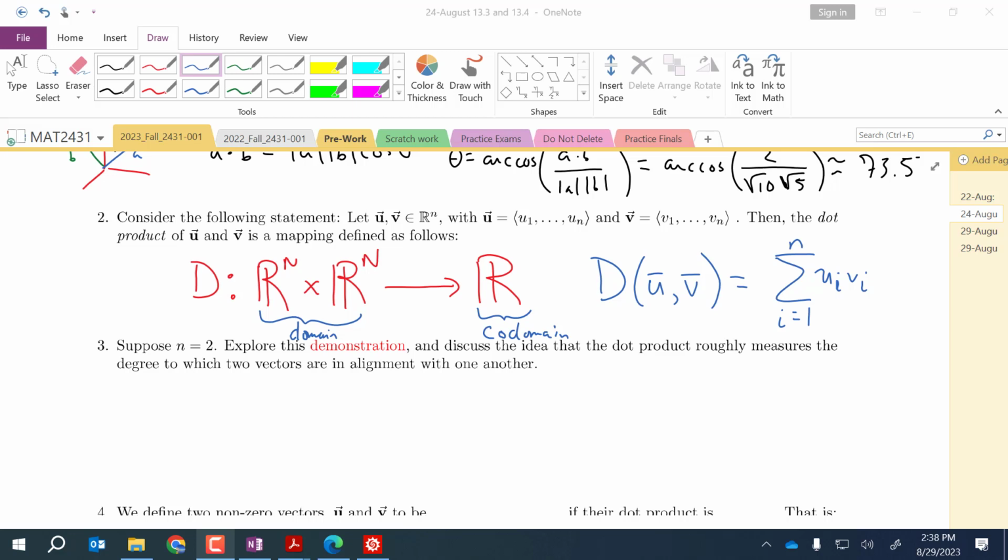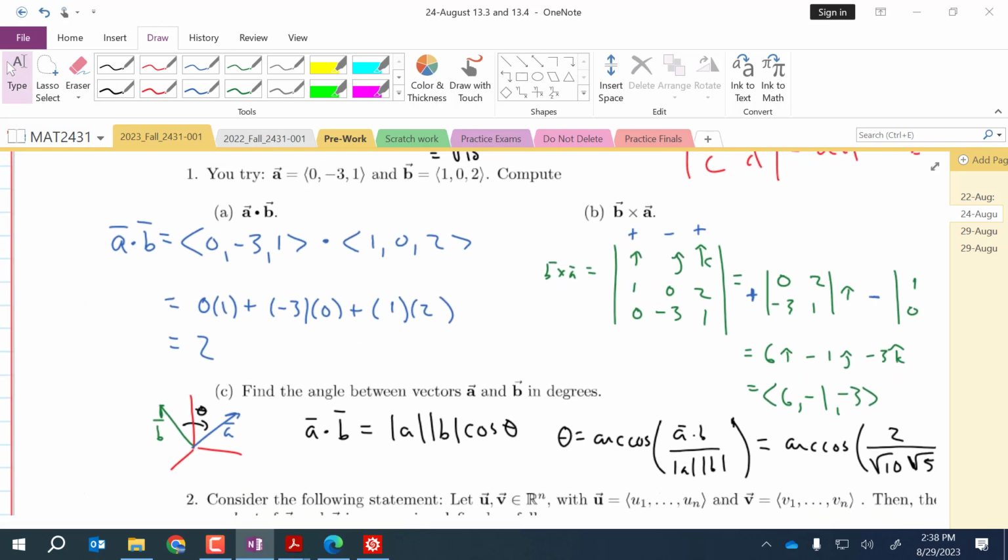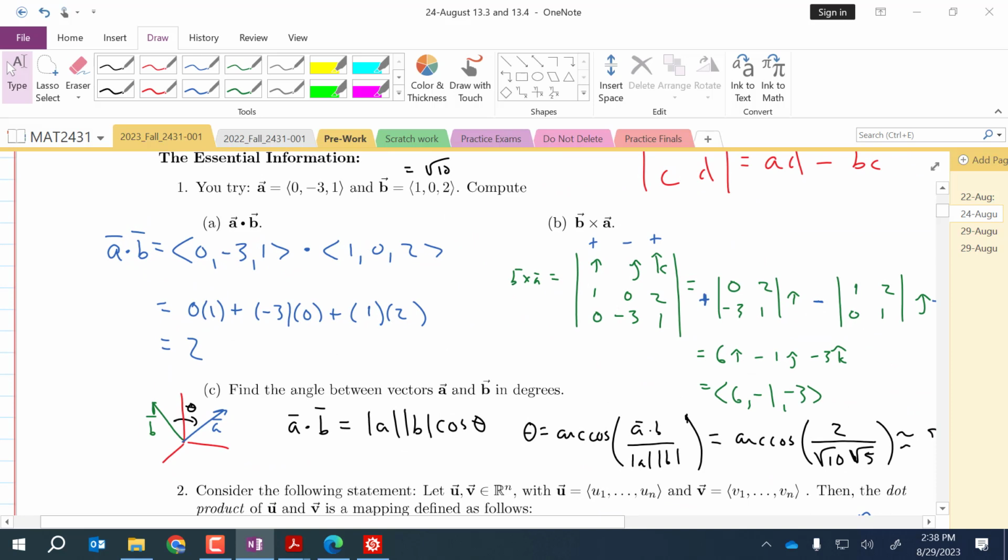Now, again, I'm pushing you with the notation because I know that it's a good thing to start doing at this point in your math career. I'm not looking for mastery of this, but I want you to see that that fits with what we did up here, where what did I do to find the dot product? I took two vectors, and then what was the actual coordinate operation that I did? I took this coordinate times this coordinate. That would be u1 and v1.